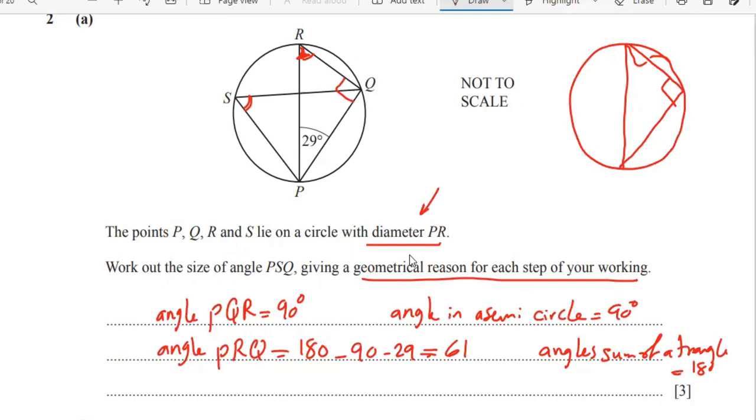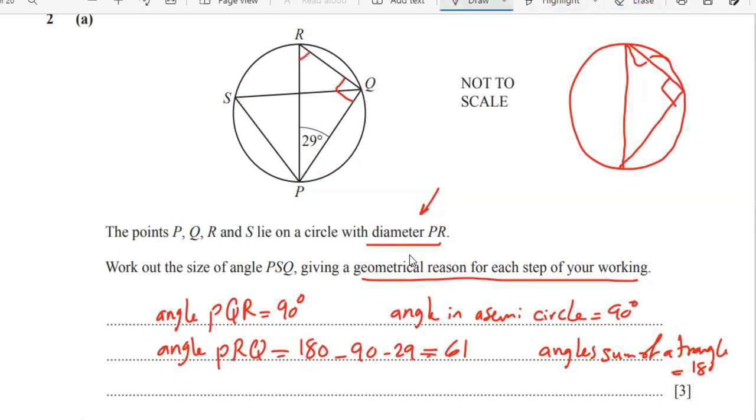The third step is that angle R and angle S are angles in the same segment. So both angles here, R and S, they face the same arc, which is PQ. If I have these two angles that face the same arc, they are the same or are equal.